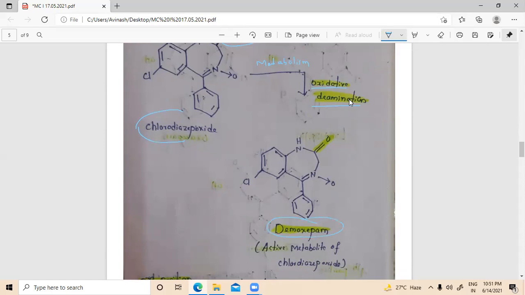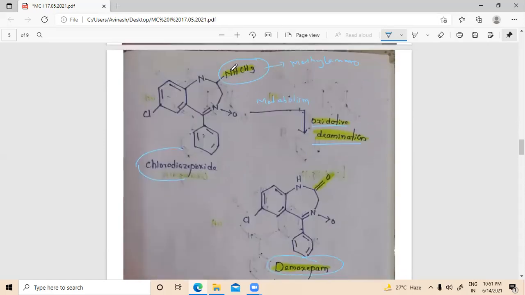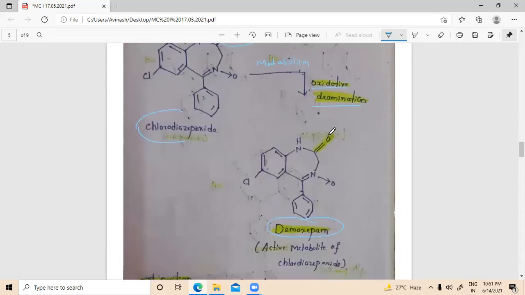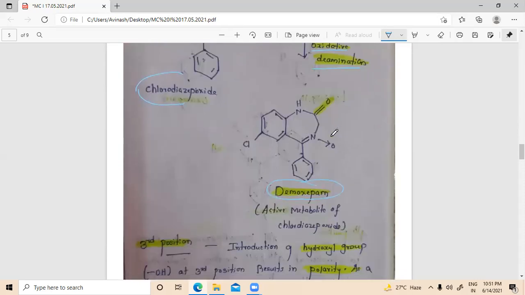What is happening here? Again, the methyl amino group NH CH3 has been converted into a ketone functionality. This compound, you can call it demoxepam, which is the active metabolite of chlordiazepoxide.